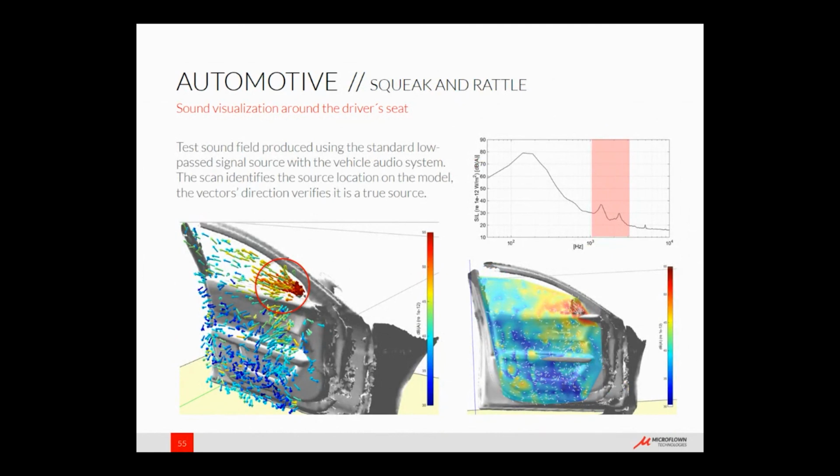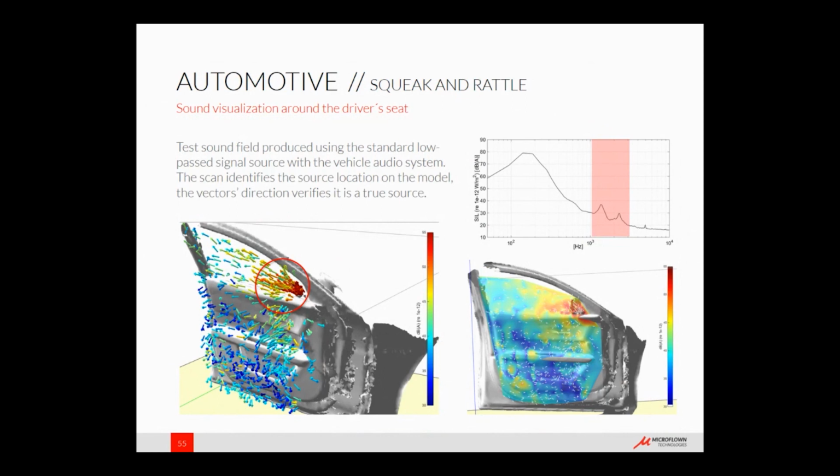In this case, they put a low pass signal source through the car audio system, and this way it excites the structure, and you could use that to find locations where panels could get rattling. So in this case, you could identify the plastic cover that was not well mounted and designed in this car close to the door panel, as well as the window and mirror attachment.